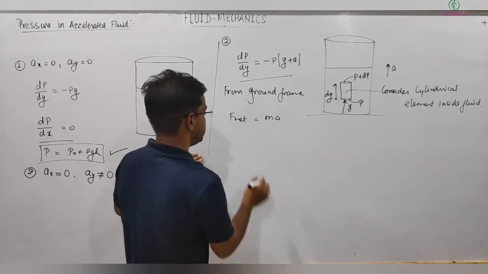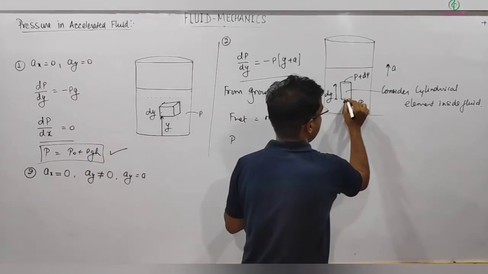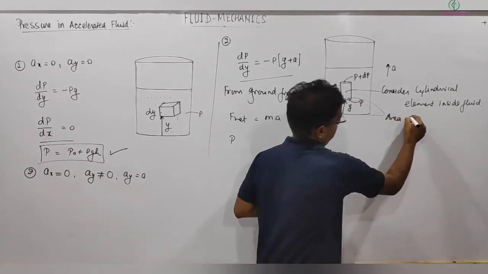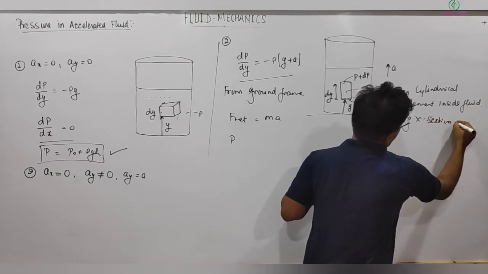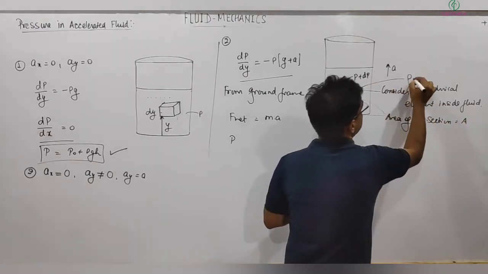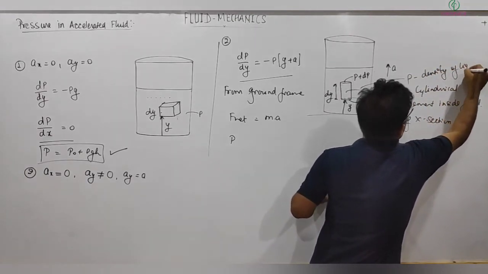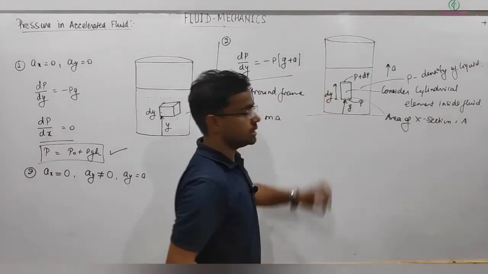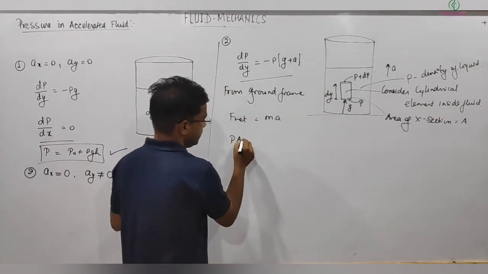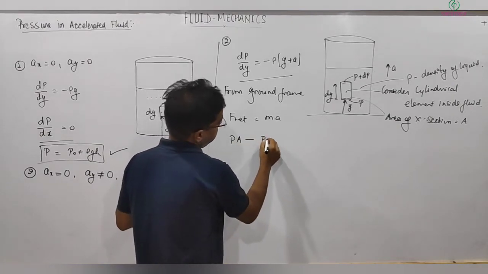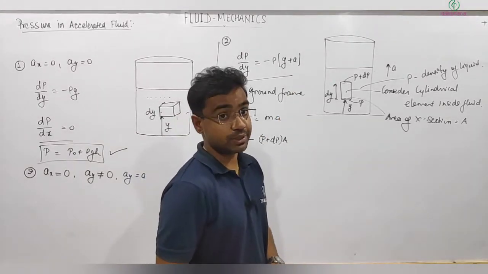And what is the net force? Let's say its area of cross section is capital A, density of the liquid is rho, and height of this cylindrical small element is dy. Then I can write upward force is P into A, downward force P plus dP multiplied by area, and one more force will be there downward, that is weight.